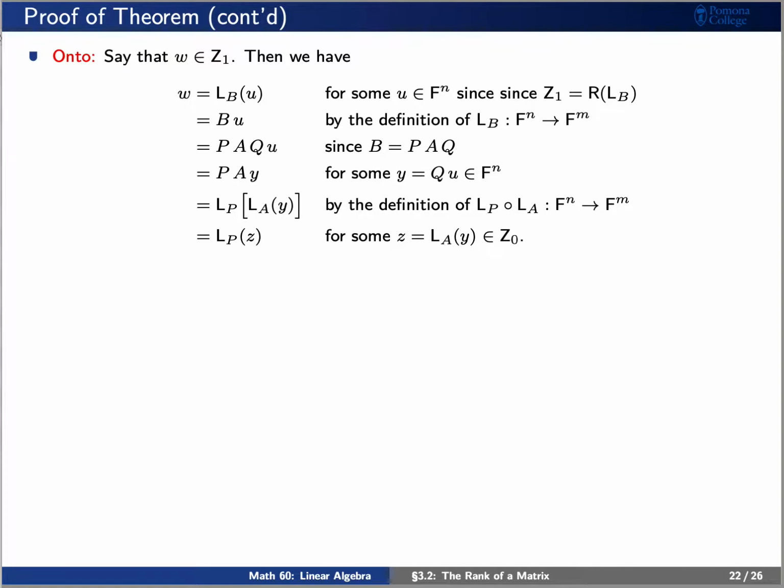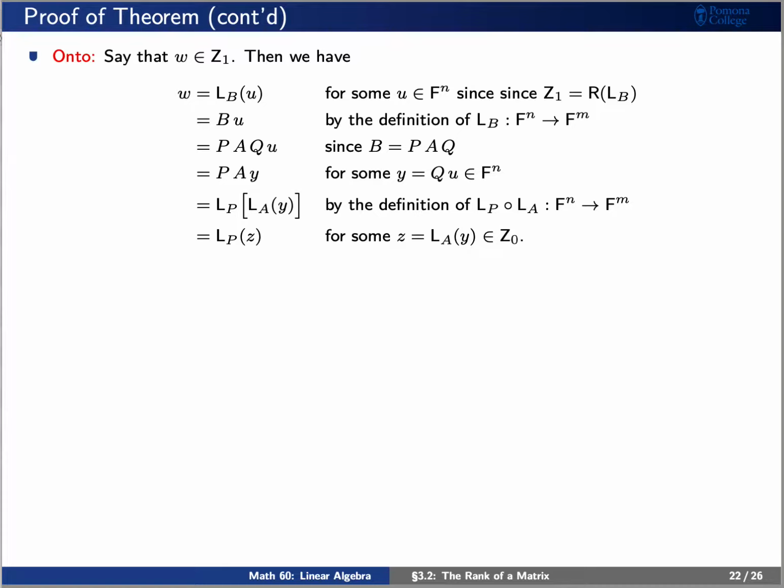Finally, we'll show that our map L sub P is onto. Let's take an element lowercase w that lies inside of Z1. Recall that this is the range of L sub B. The argument is very similar to before in that we simply look at the four arrows in our diagram and just move around until we find an element z that we desire.